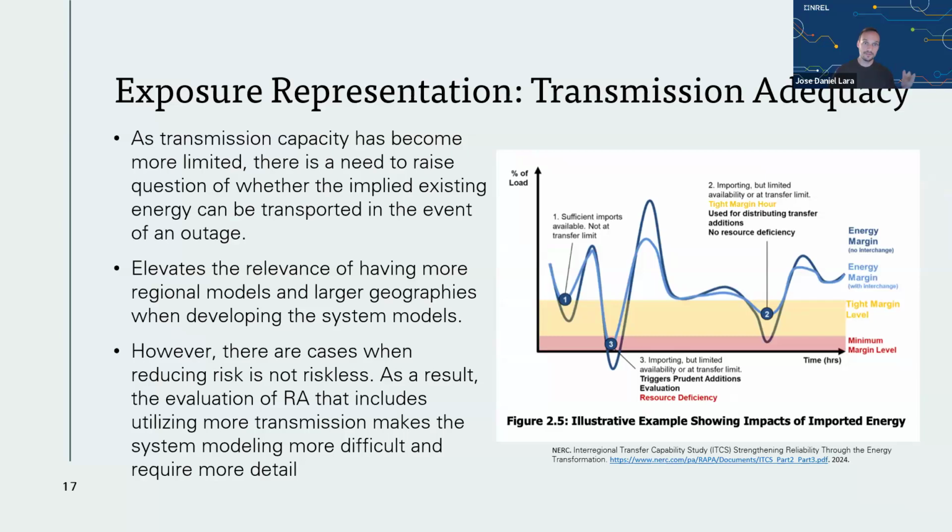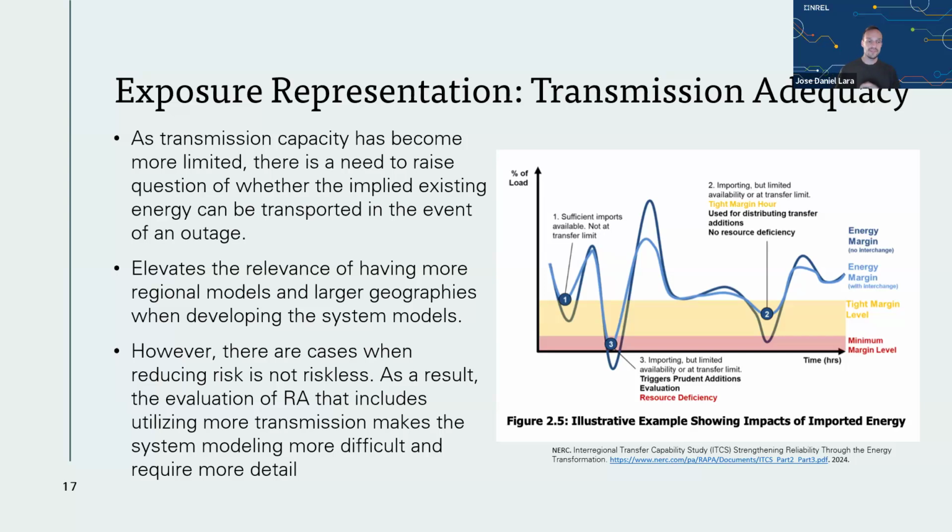So let's go to the next slide. One of the biggest topics recently is also what is the effect of transmission in the resource adequacy space? How much can we, quote unquote, take advantage of other regions' capacity or spare capacity to fix capacity problems in a particular other ISO? And again, this just increases the need to include more details into an exposure problem, because now we need to understand if the transmission capacity has to deliver new resources to the network. Can that create new violations of ratings?